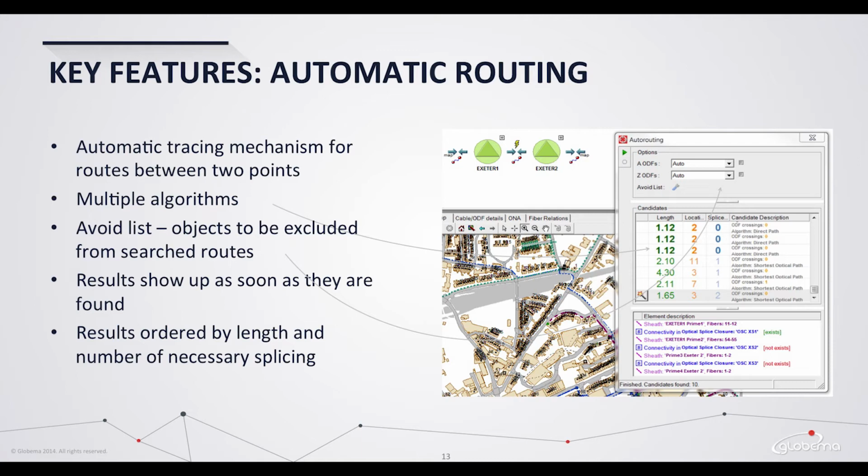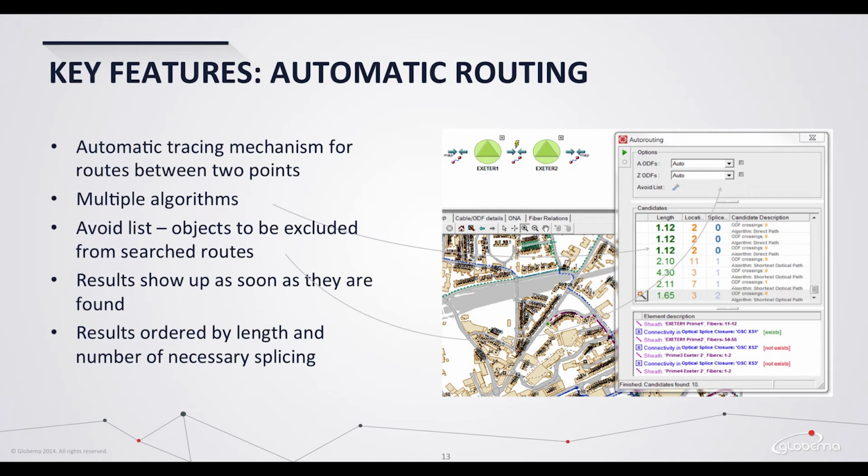Automatic tracing mechanism has been provided in PRM. So if you have 2 points, you can automatically find route in your fiber network. Currently there are 3 different algorithms which are responsible for finding optical path in fiber network, but this set can be extended and additional algorithms can be introduced, or existing algorithms can be extended.